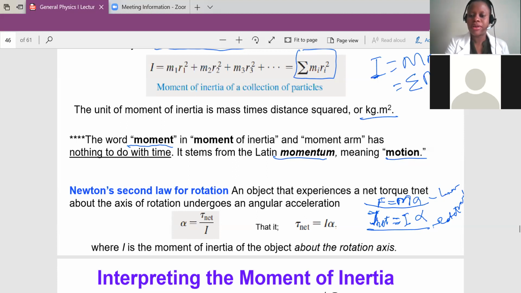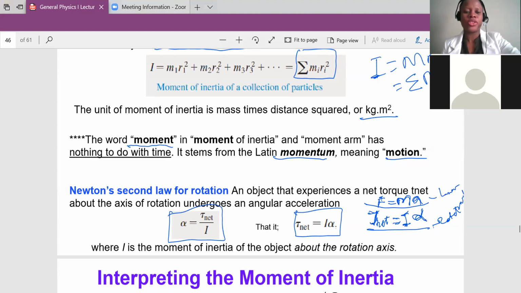So tau is equivalent to force, moment of inertia is equivalent to mass, and angular acceleration is equivalent to acceleration. All right, so this is our expression of Newton's second law for rotational motion.